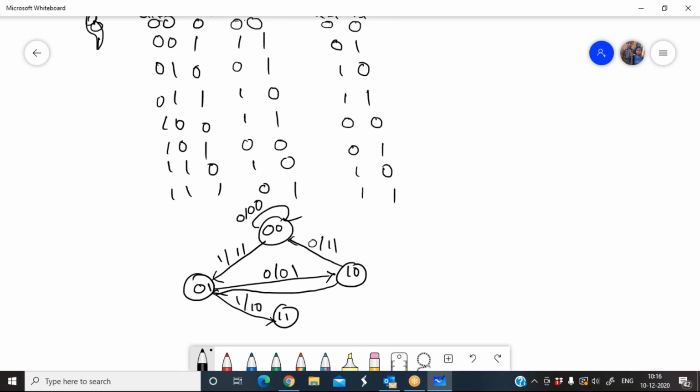Input is 1 and outputs are 0 0. Now 1 1 is the present state. If input is 0, next state is 1 0.